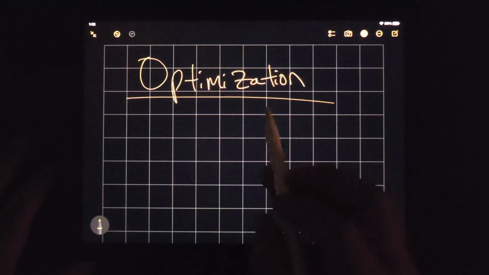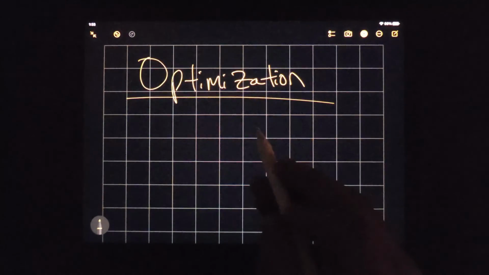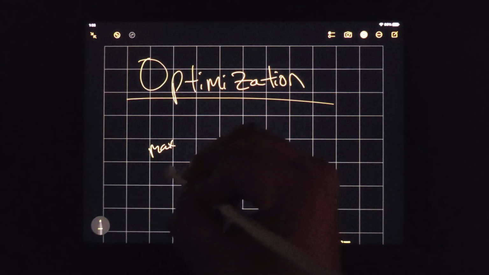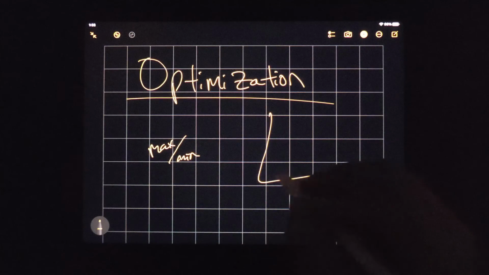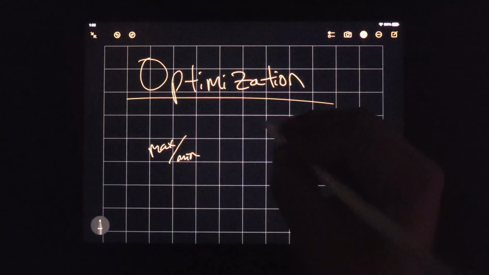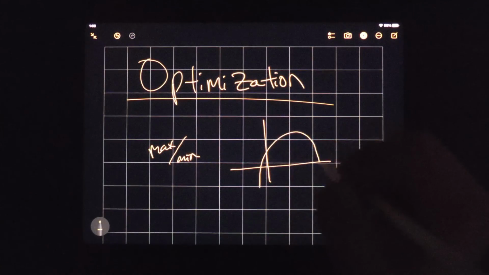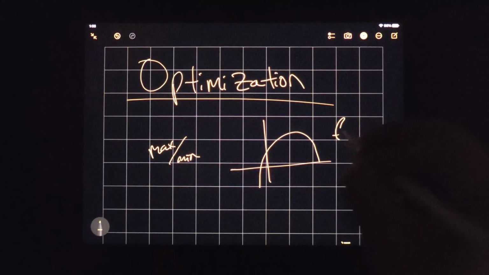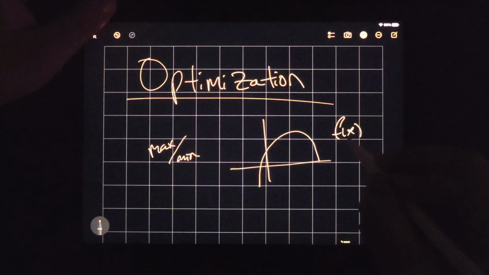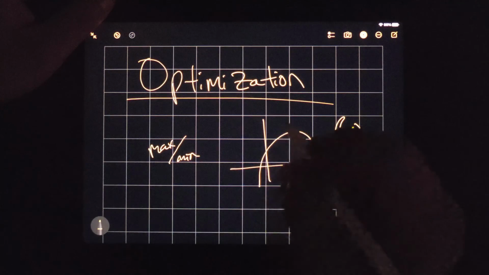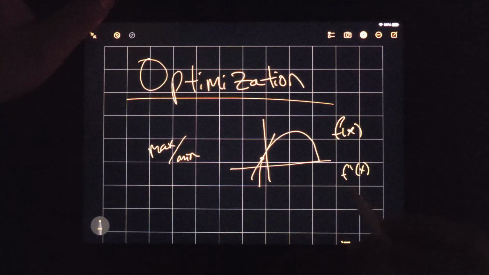Okay, so in this video we're going to tackle optimization. So one thing that I want to quickly go over, the max and the min of any function. Say you have a function that's modeled by f of x. We know that f prime of x at any given point is like the equation to the tangent line.